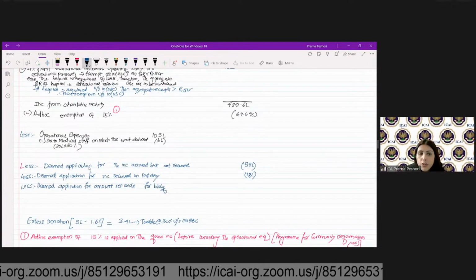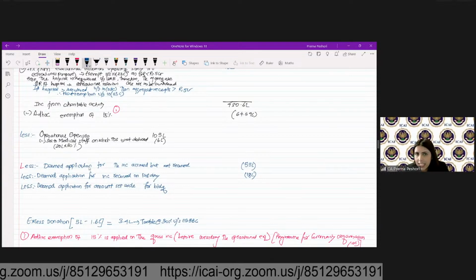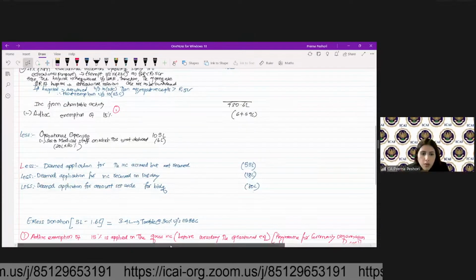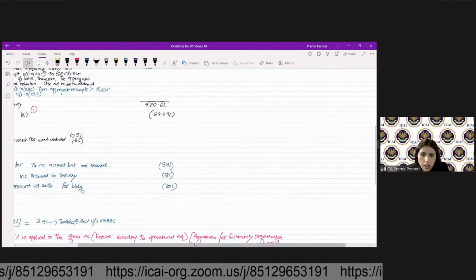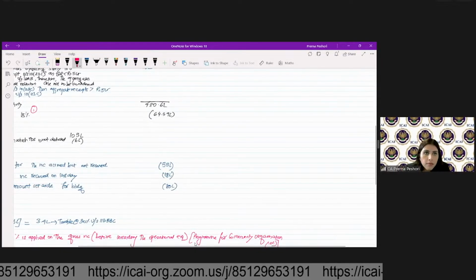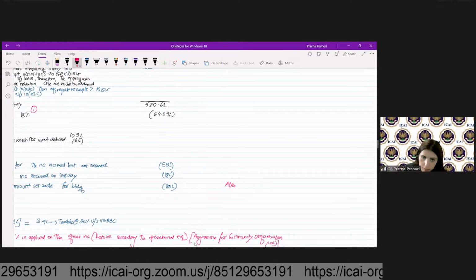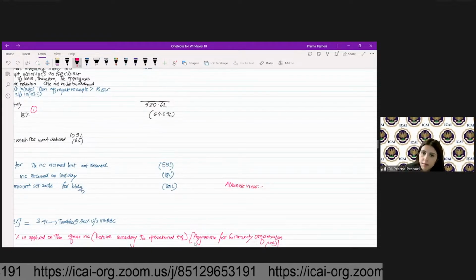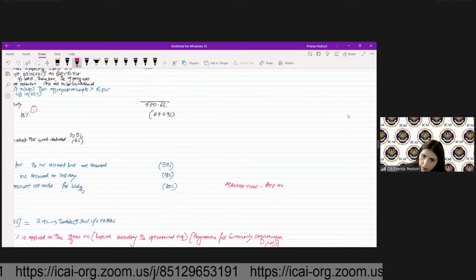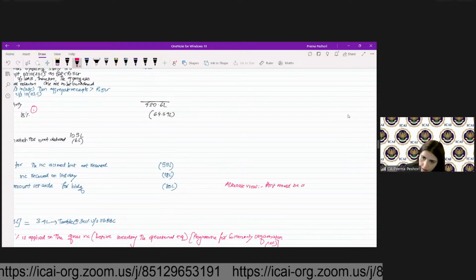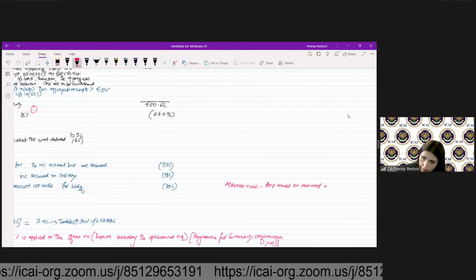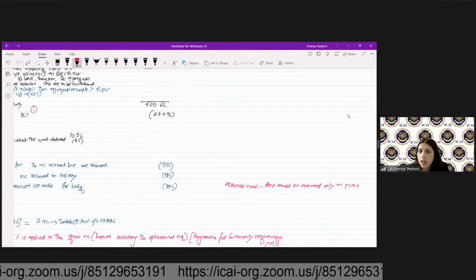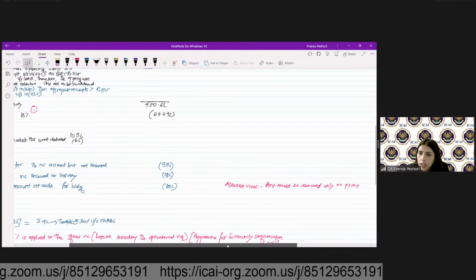What is the amount given? The amount is 80 lakhs. So here you can just write alternate view: amount would be allowed only on payment. Okay.